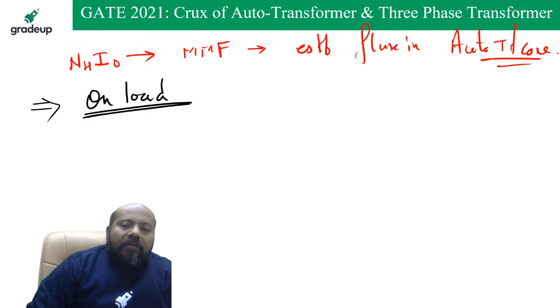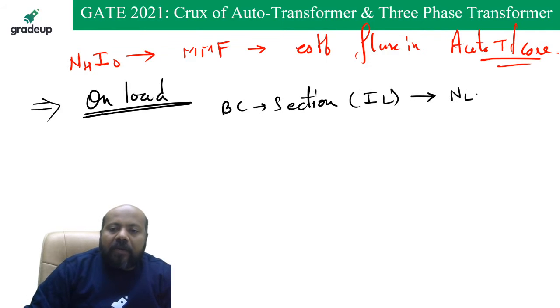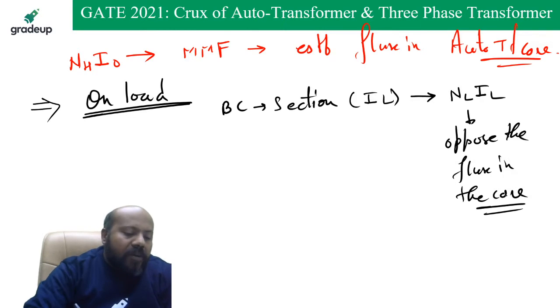It means whatever current flows in the BC section of the winding is going to generate some MMF NLIL, and this MMF is going to oppose the flux in the core. But this cannot reduce the flux in the core.